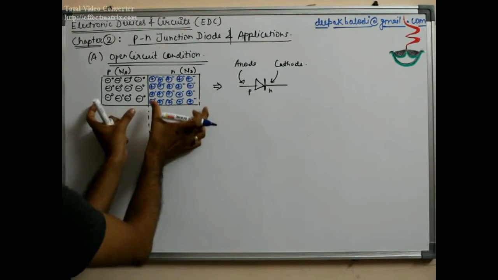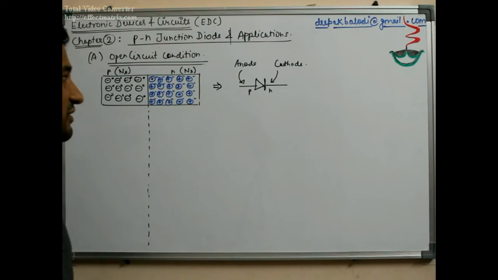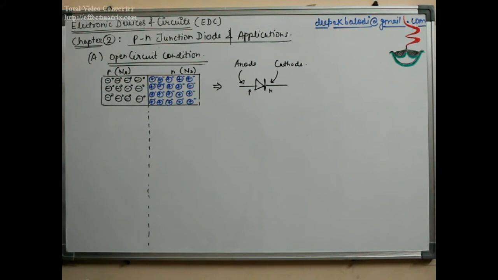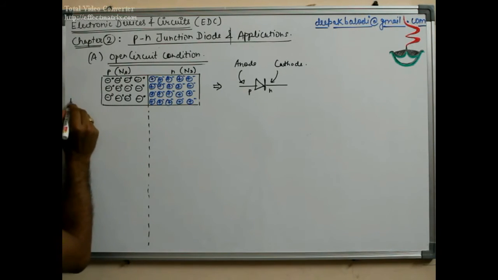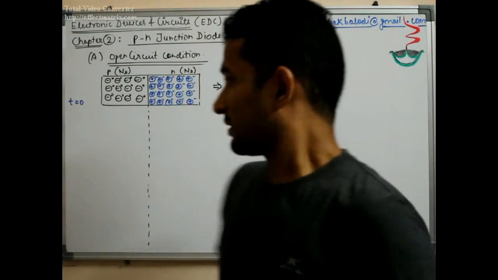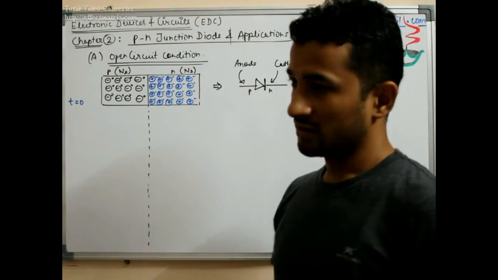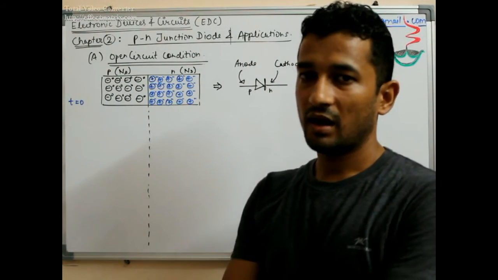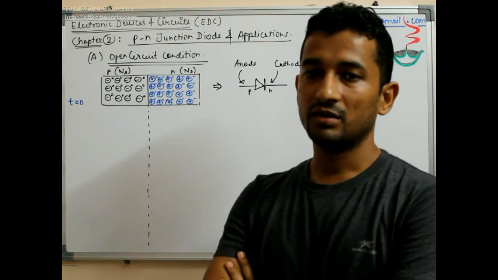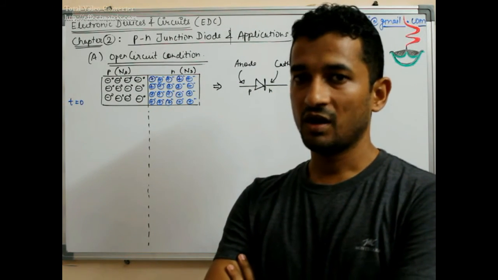The volume of the P and N sides is the same, but the concentration on the N side, Nd, is greater than Na. This is the picture at t equals 0. As soon as they are brought together, we know from the basic semiconductor theory of chapter 1 that if different concentrations meet, the free carriers try to diffuse.